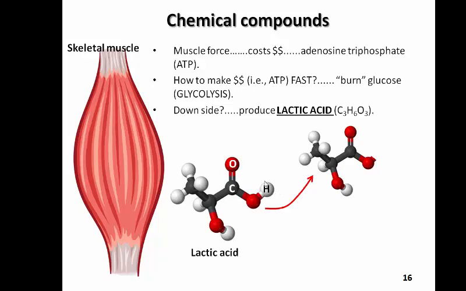Now, this by definition, according to our previous slide, is an acid. And by definition, an acid is a molecule that, when dissolved in solution, in this case the cytoplasm of the muscle cell, will release a proton into that solution.